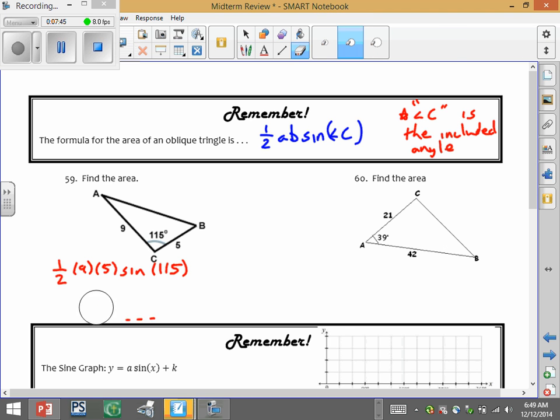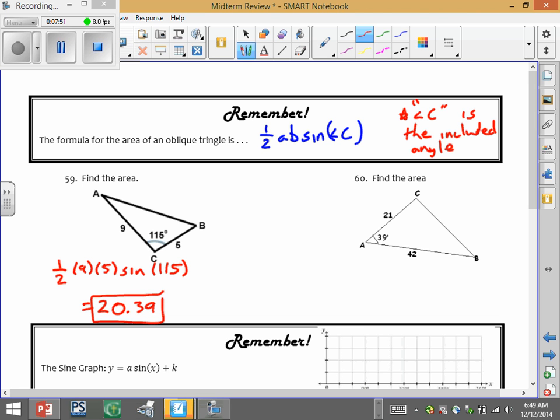And then over here, we have 1/2 times 21 times 42, and there 39 is the included angle. You plug that in, and our area here is 277.53.